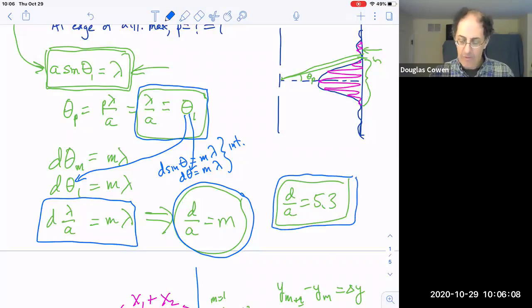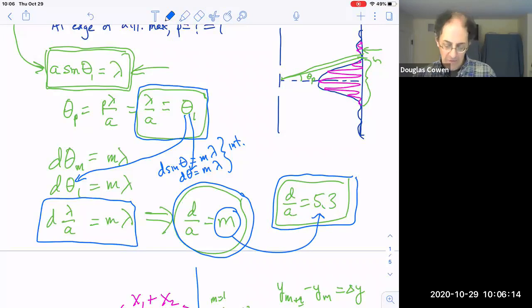So somehow we have to relate m to 5.3. And basically this says that m equals 5 will fit underneath the central diffraction peak.